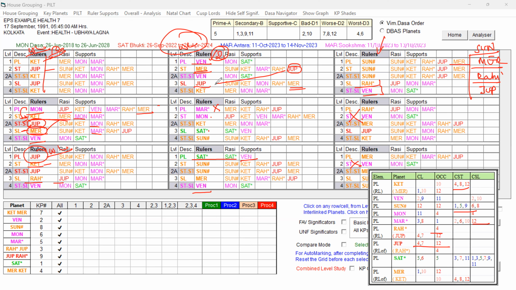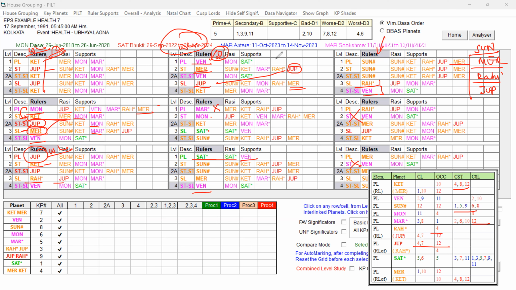Unfavorable key planet of the Venus is playing role here in the star level and sub level, and it is forming the grouping of the death houses. So during that Sun Dasa, Venus Bhukti, Moon Antara, that native had the heart attack and died.